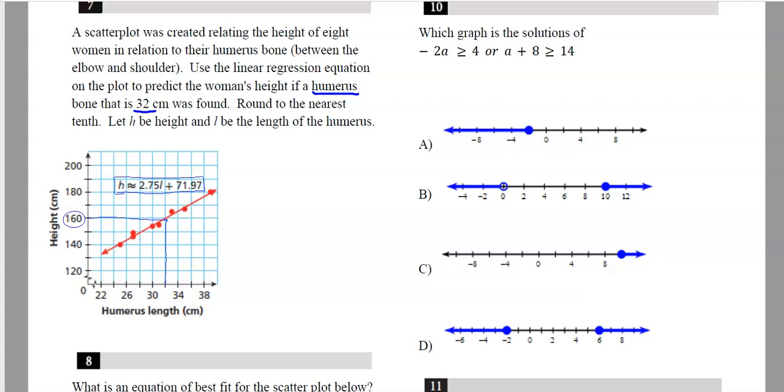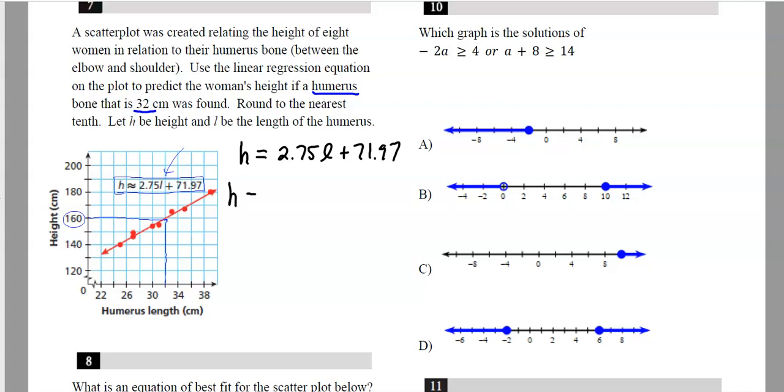Now, because there's a bunch of decimals in this equation, it's probably not going to be exact. But if I get an answer too far away from 160, I'm going to be concerned. So H is 2.75 L plus 71.97, and we found a bone that's 32 centimeters long.